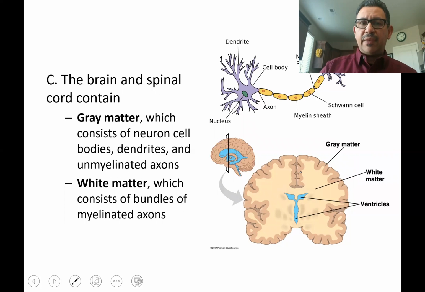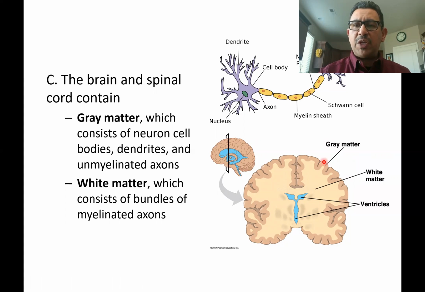Notice how the brain and the spinal cord consist of two regions known as gray matter and white matter. The gray matter has this type of coloration because what you see mostly here are the bodies of neurons, and there are dendrites and also axons that are not covered by something we call a myelin sheath. We will see myelin sheaths, for example, in neurons.